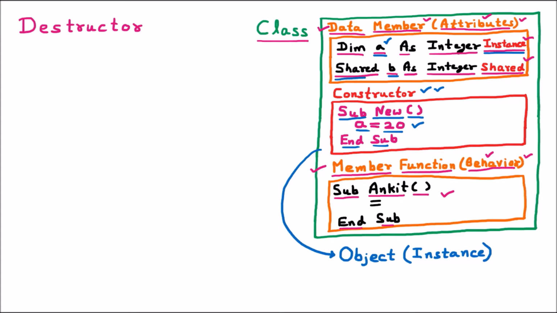B is the shared variable. So a shared variable is initialized by a constructor called the shared constructor. So there are two types of constructor. The first, which initializes the instance variable, is called the instance constructor, and the second, which initializes the shared variable, is called the shared constructor.